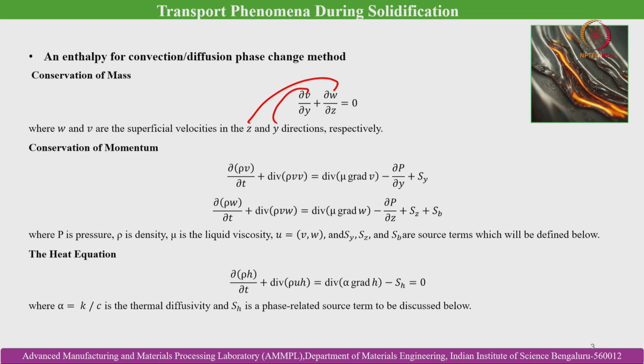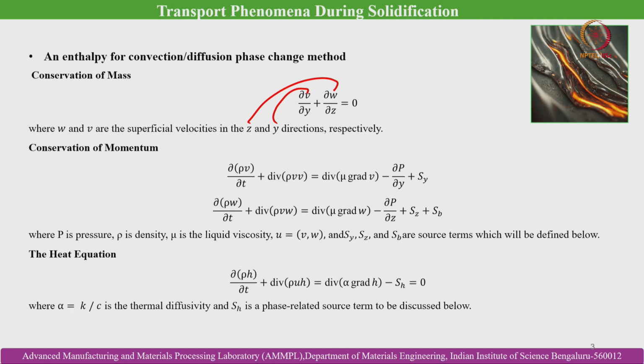Here p is the pressure, rho is the density, mu is the liquid viscosity, dynamic viscosity actually, u is the velocity, which has two components in the y direction as well as the z direction, and sy, sz and sb are source terms which will be defined later on.